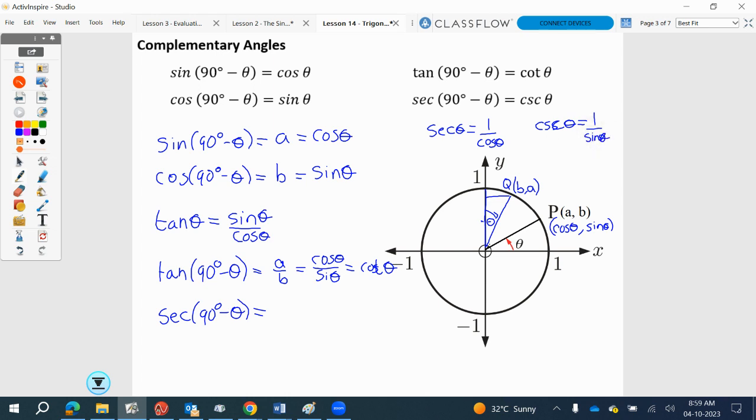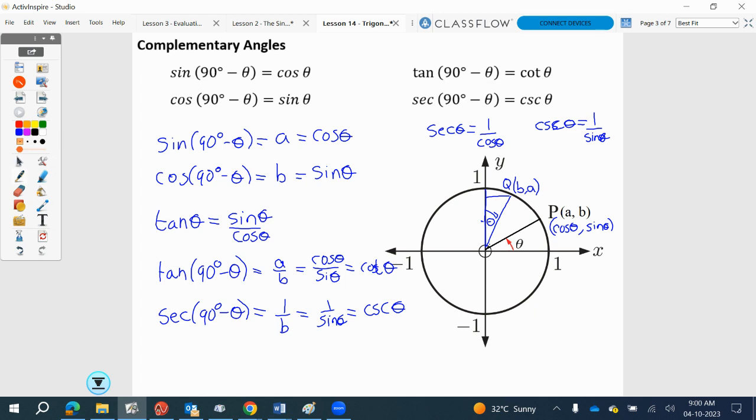So the secant of theta at point Q is 1 over the cosine value, so 1 over B. Now at point P, that is 1 over the sine, which equals the cosecant of theta.